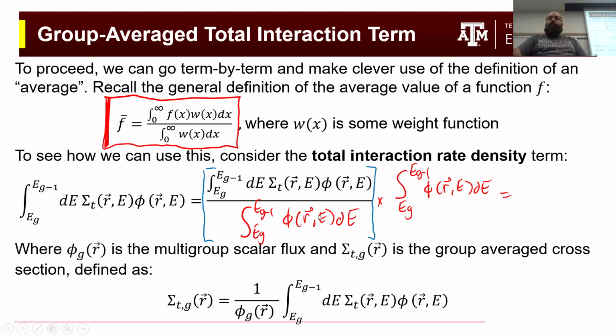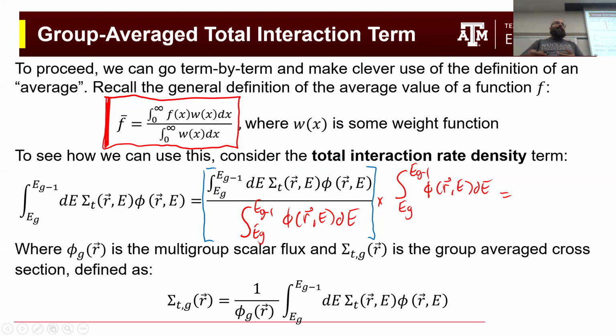So notice the way that this is looking now inside the blue brackets, if I compare the definition of an average to this quantity right here, doesn't this kind of look like an average? Doesn't this look like a weighted average of my total cross-section, weighted with the energy-dependent flux as my weight function? So if we can recognize that this looks like an average, that's what we need to move forward.